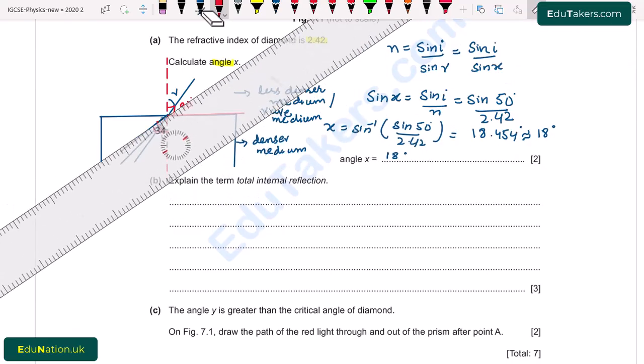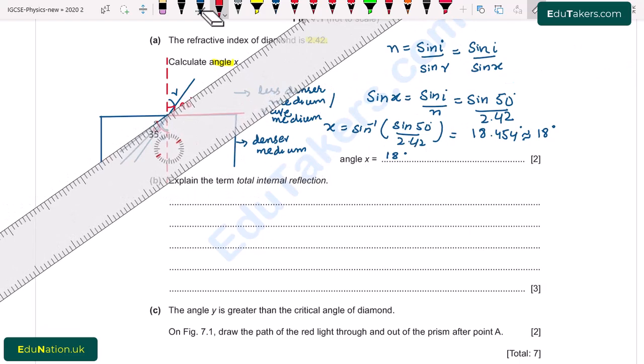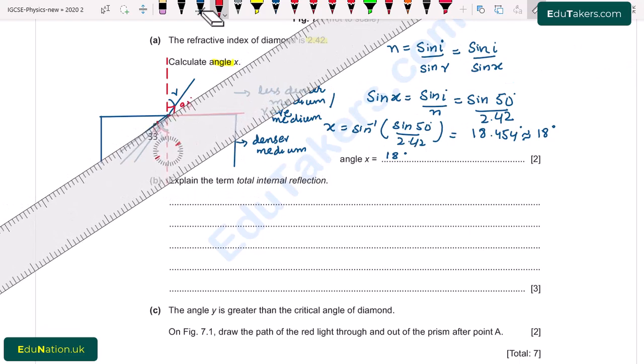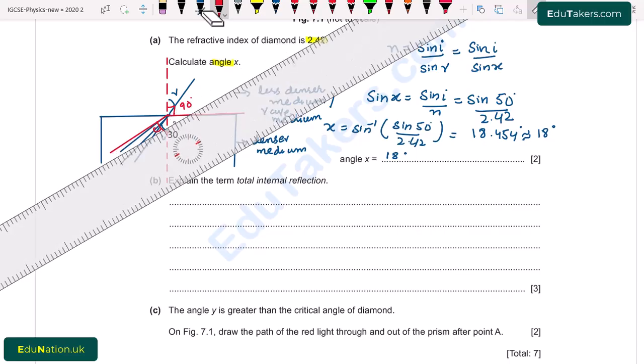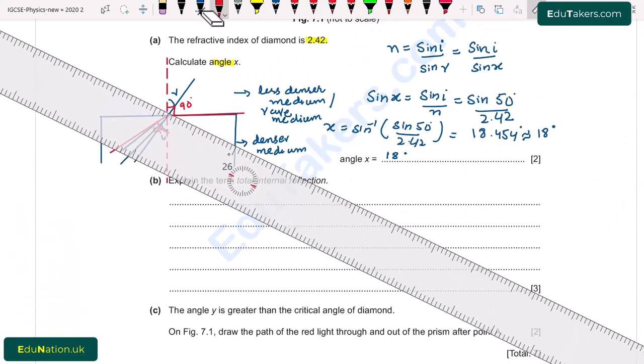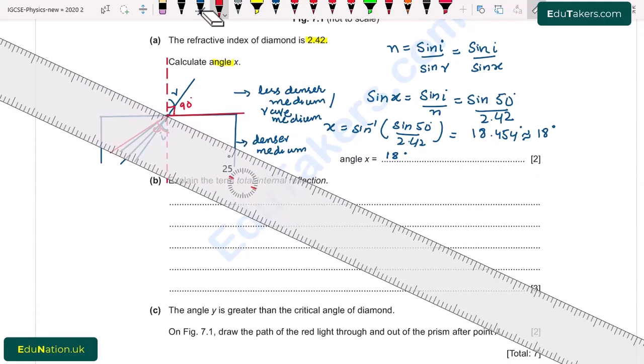So, I am also drawing another ray whose angle of incidence is greater than the critical angle. I represent it with red. Then it will be totally reflected, just like this.